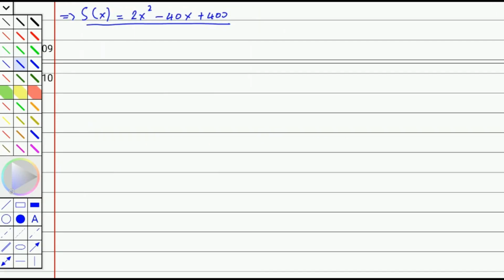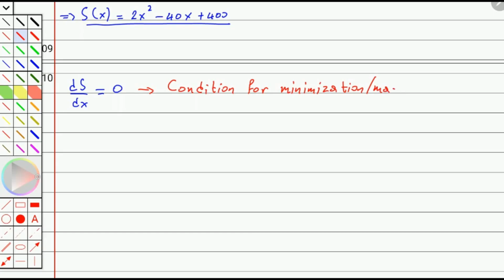Whenever we hear the word minimize or maximize, it means that we need to take dS over dx and make it equal to 0. So this is the condition for either minimization or maximization.